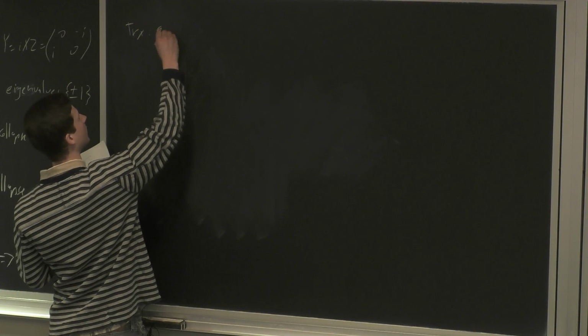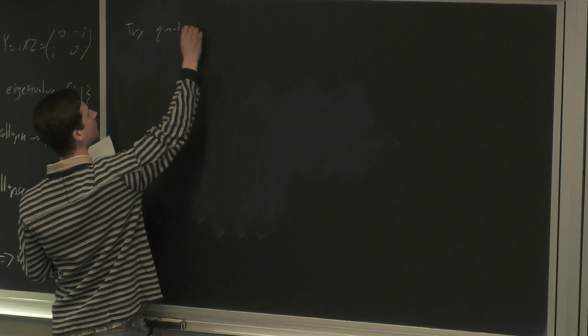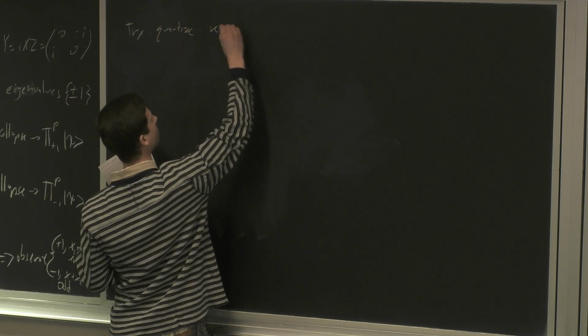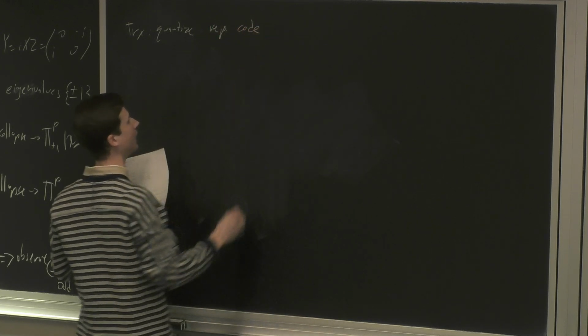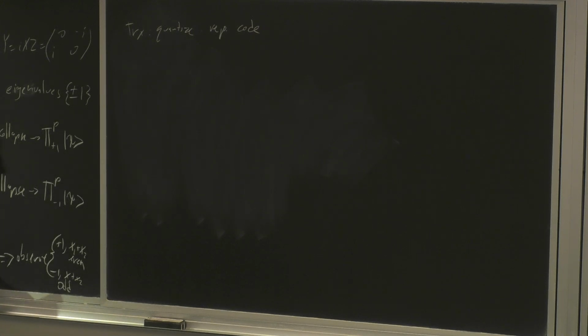So let's try to quantize the repetition code. And we'll see that it kind of works somewhat, but then it fails at some point. And if we can, we'll find a way to fix where it fails, and then we'll actually end up getting a real quantum code out of this.